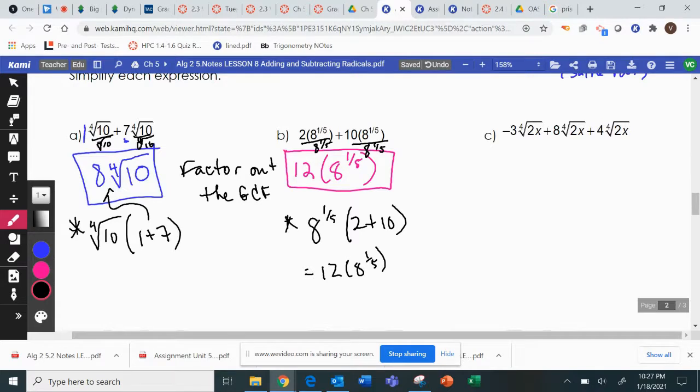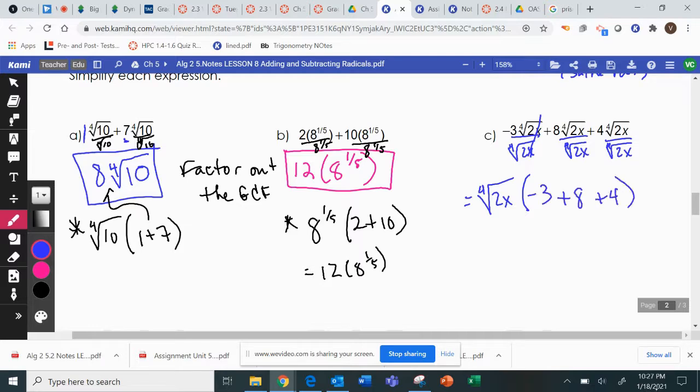So we'll look at the next one. Every single term has a 4th root of 2x. So we can factor that out. When I factor that out, I have left over -3 plus 8 plus 4. Add that up, it'll be 9.